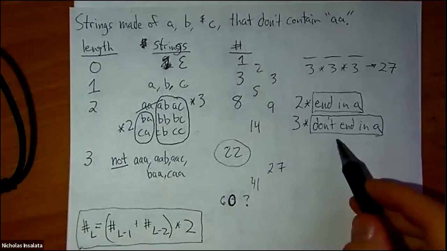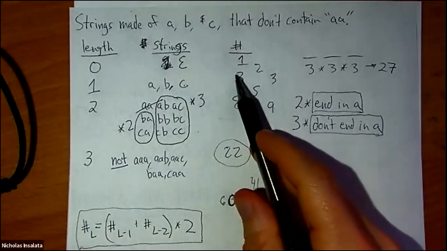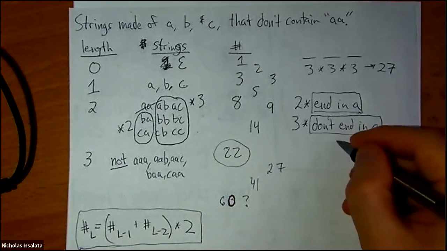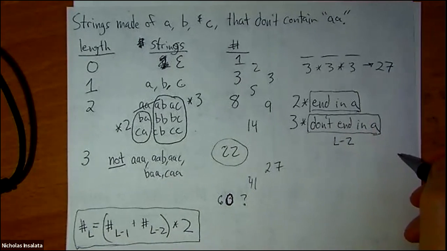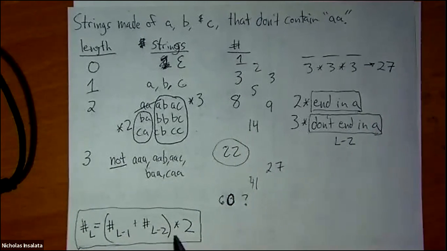So the ones that don't end in A, that would be the sort of length minus 2 ones. But they were multiplying by 3 instead of 2, right? Okay, and in case 1, B times 3 and C times 3 is 6, and A times 2 equals 2.